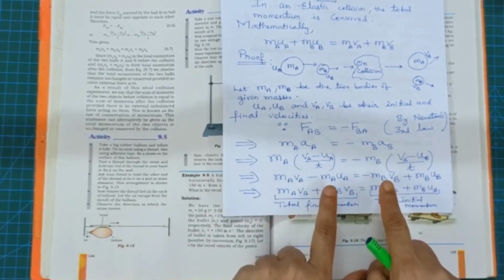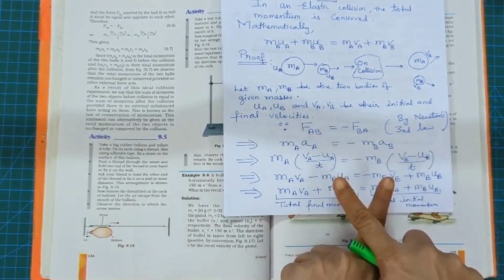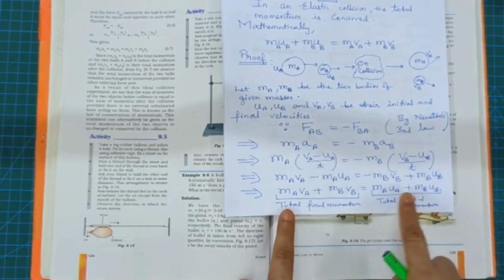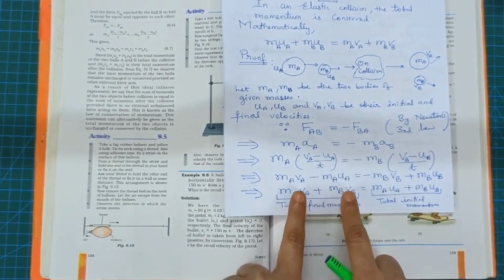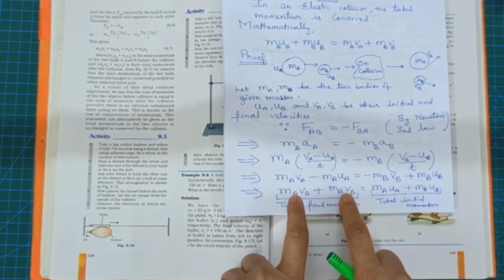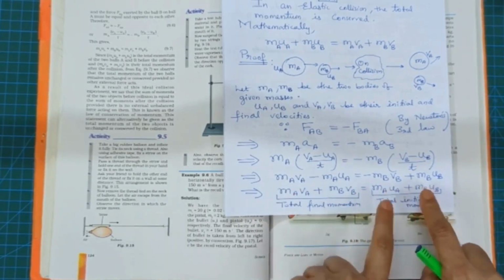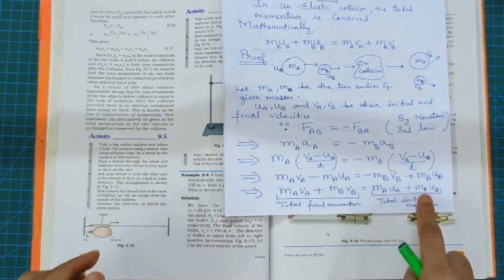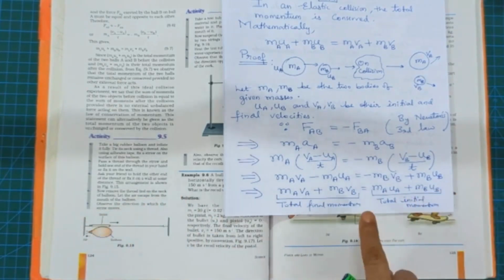After this, these two negative terms we will transpose to the other side and they will become positive, and then ultimately we will get the sum total of momenta of the two bodies after collision is equal to the sum total of momenta of the two bodies before collision. Hence, the law of conservation of momentum is proved.